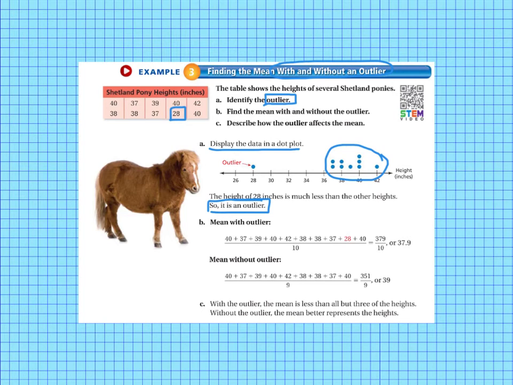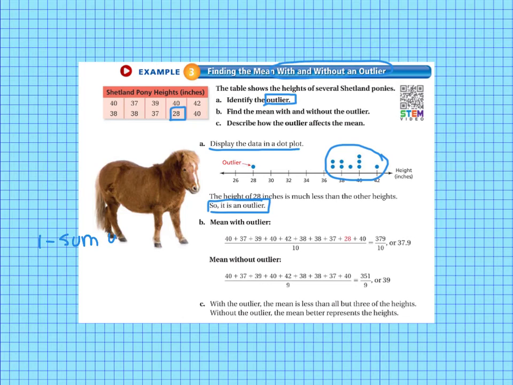Now let's take a look at 3B, where we're going to calculate the mean with the outlier and the mean without the outlier. So we have to keep track of our math here. For step 1, we're going to find the sum of our data points with the outlier, and we're going to find the sum of the data points without the outlier.